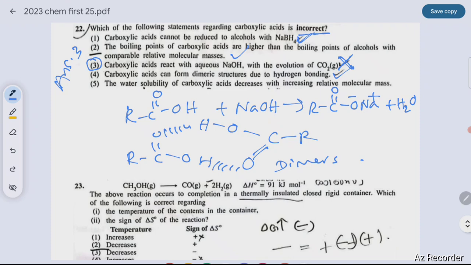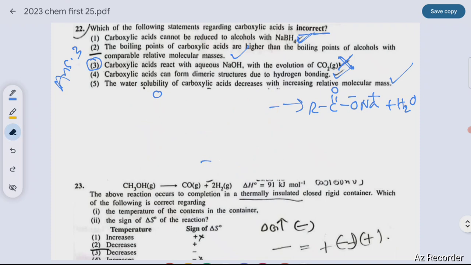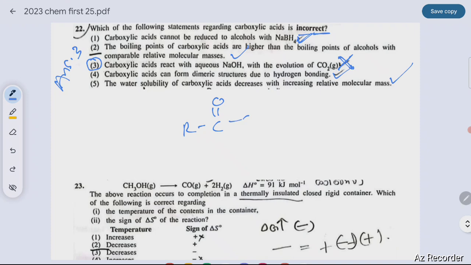Water solubility of carboxylic acids decreases with increase in relative molecular mass. Yes, because a carboxylic acid has two parts, RCOOH. Now they are asking about an increase in relative molecular masses, which means the R group becomes larger.